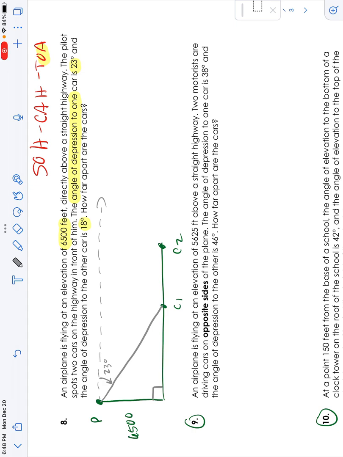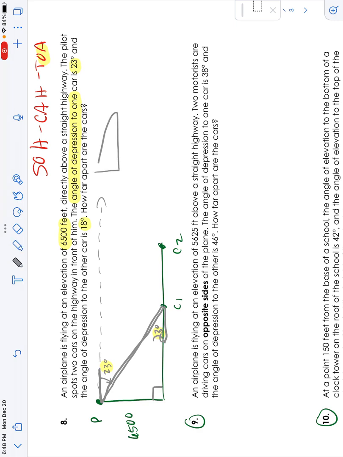But that is not inside of the right triangle that I need to use to solve. So that's why I keep talking about the Z. These corners of the Z have the same angle measure. So that's telling me the angle up here, but I'm translating it into one that I need inside of my triangle. That triangle is representing the distance to car number 1.